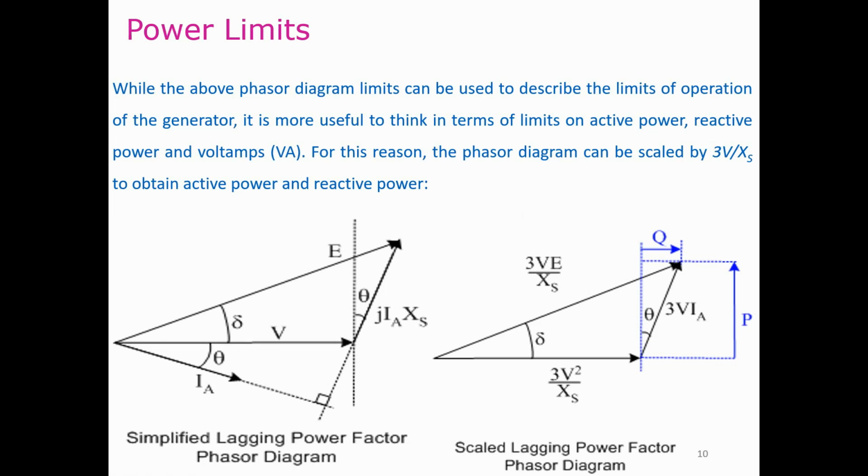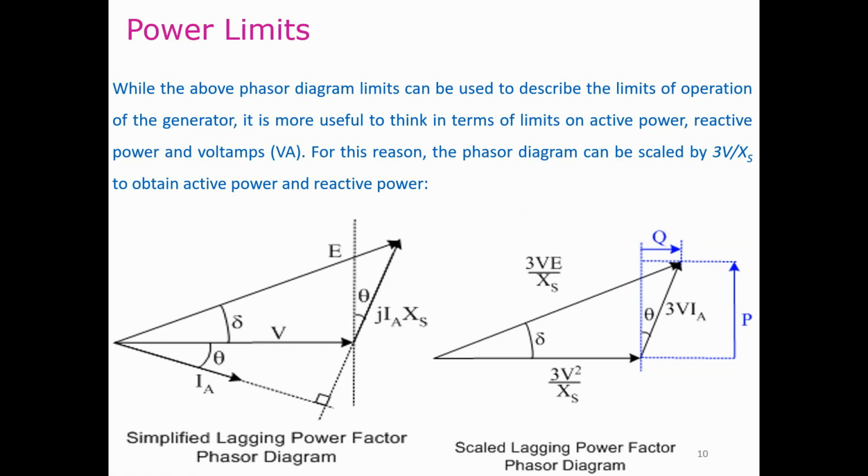So if we multiply V, that is our base value, by 3V by Xs, it becomes 3V squared by Xs. If I multiply Ia Xs by 3V by Xs, it becomes 3V Ia, which is nothing but the apparent power, which is the summation of P plus jQ.